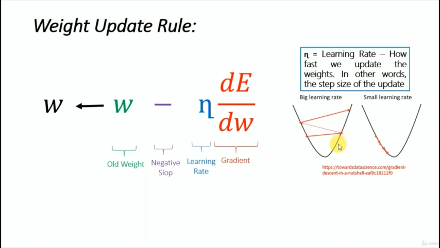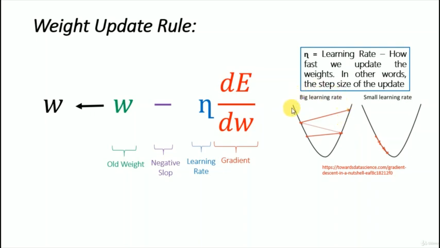So what a learning rate does is just limit the step size. If you're on this point, then when you multiply the gradient, which is going to be very large, with your learning rate, then rather than jumping here, you're just going to jump to a point down here. So it limits your gradient, it limits your step size.